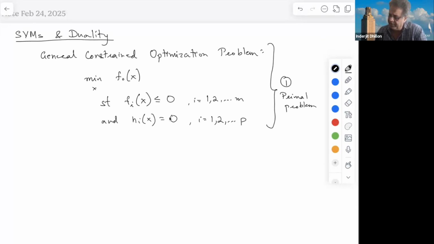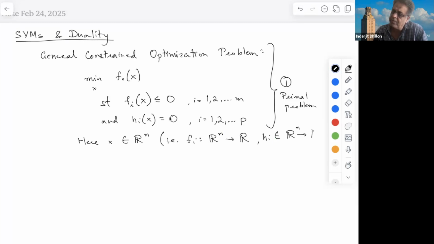Again, here x belongs to R^n, which means that f_i is a function from R^n to R, including f naught, and so is h_i.